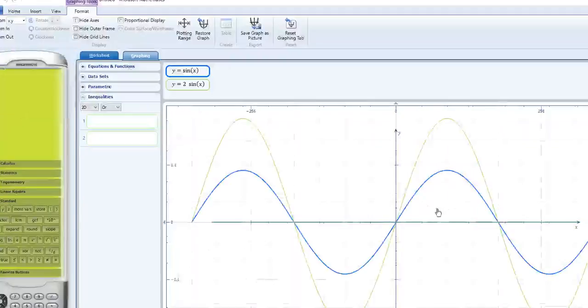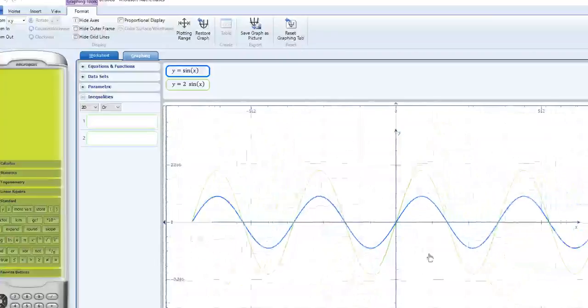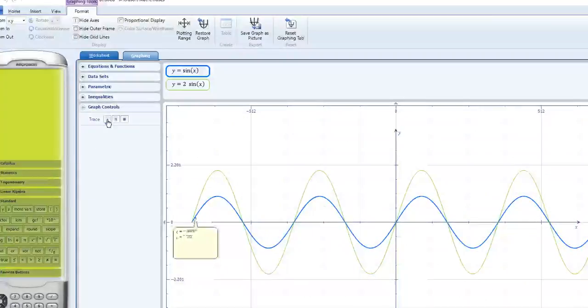You can even, I think, trace points somehow. I can't remember, I haven't used this in a long time. But there's your sine graph. There's your trace. So you can run a trace and check all the values as you go along, which is quite cool. And then you can pause it and actually move it manually and trace the values of your graph.